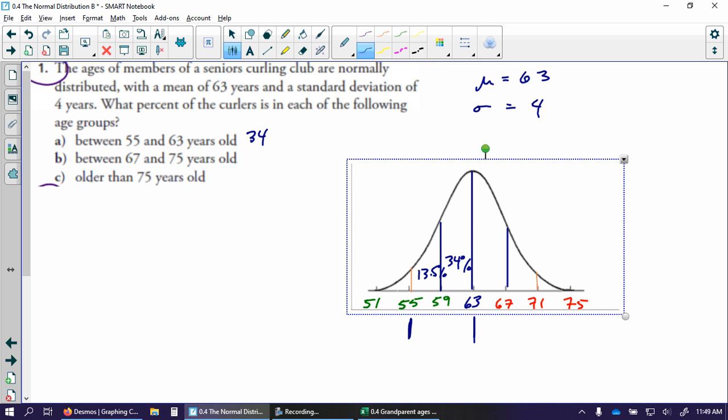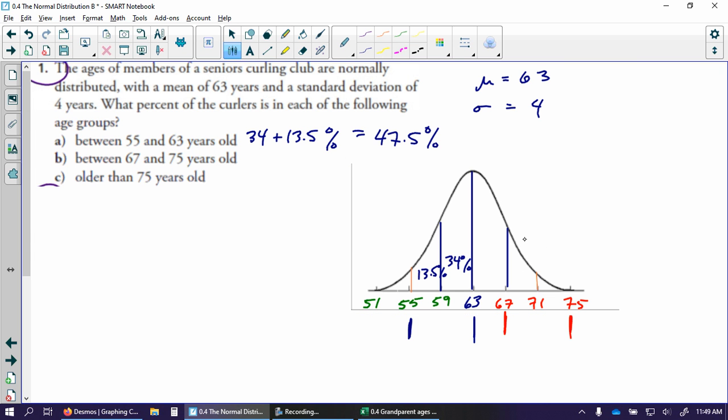So 34 plus 13.5% is going to give us 47.5 or so percent. 67 to 75 is from there to there, which is the 13.5 again. And this one is to 35.